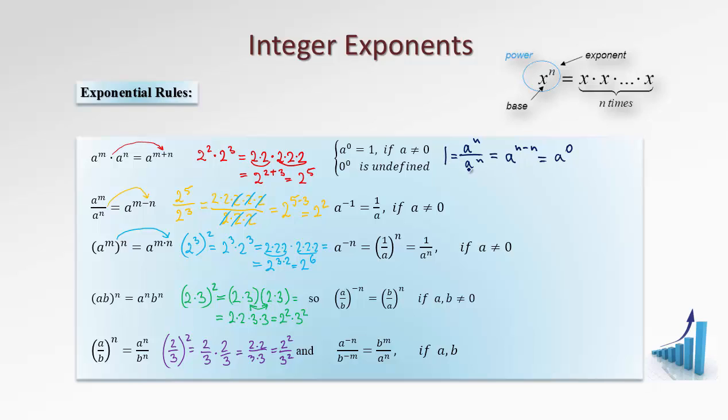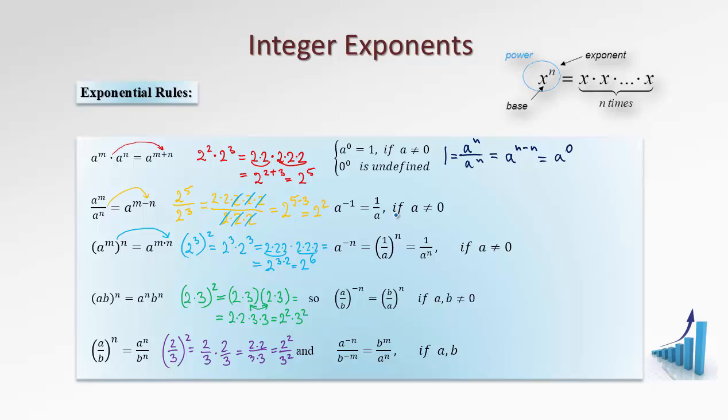Obviously, this kind of thinking can't be performed if a is 0, because we wouldn't be able to divide by 0. So 0 to the 0 is undefined. A couple more rules. A negative exponent, a to the negative 1, is defined to be 1 over a. So the negative exponent causes the base to travel to the denominator, or in other words, we take the reciprocal of the base.